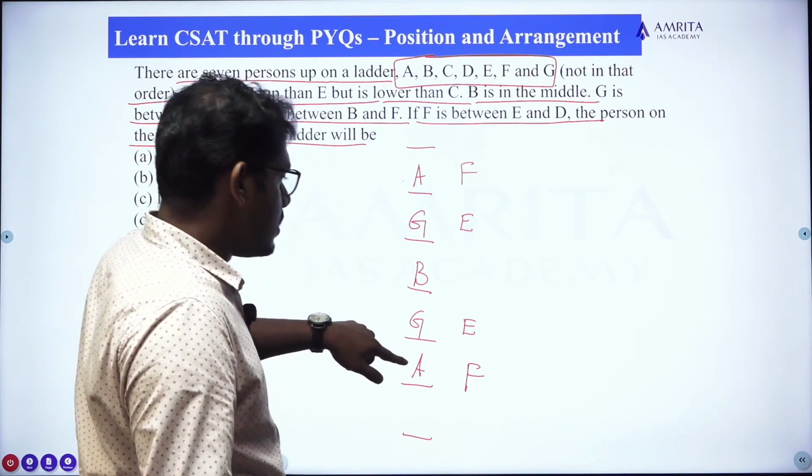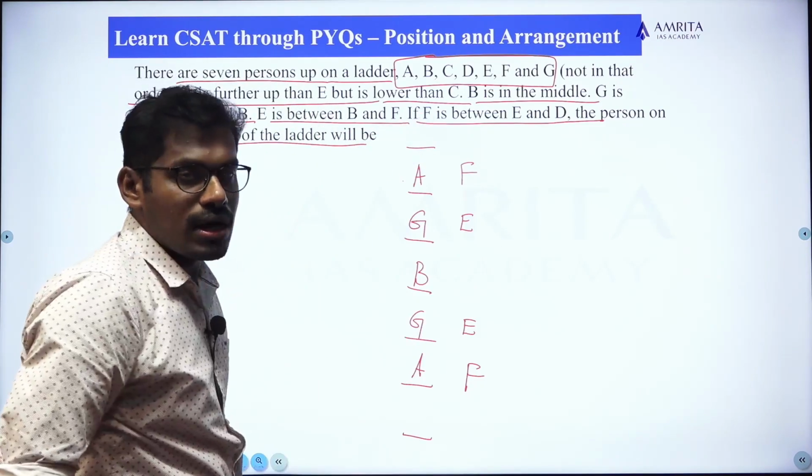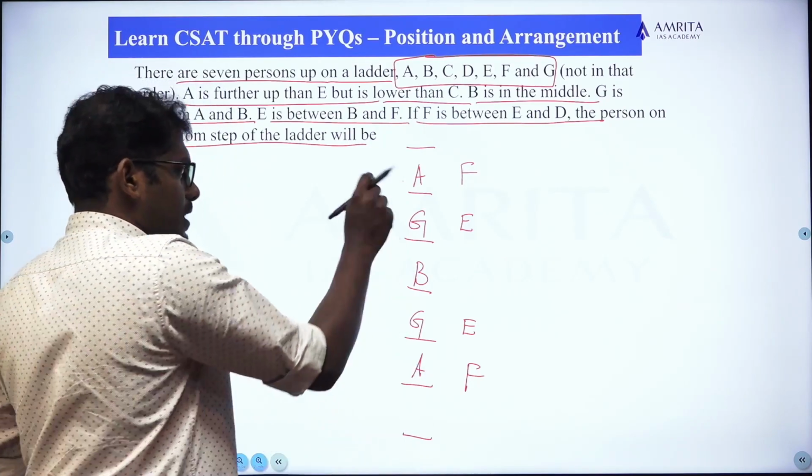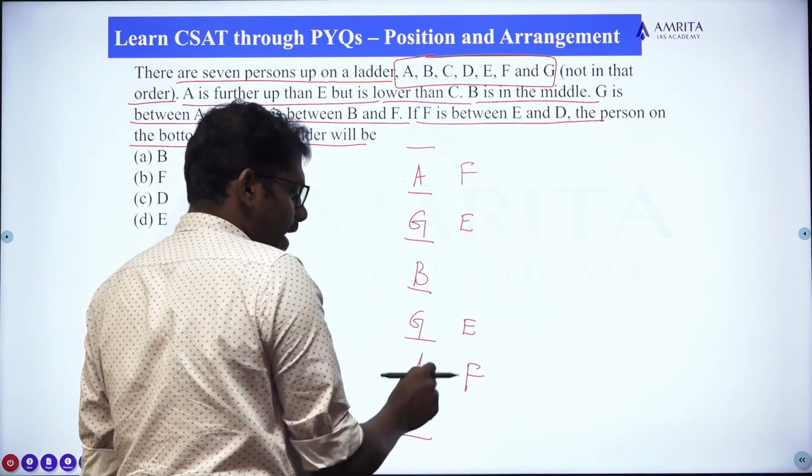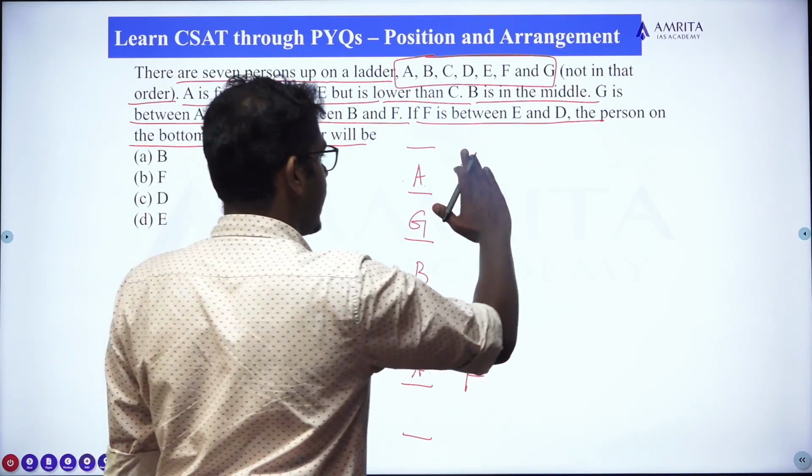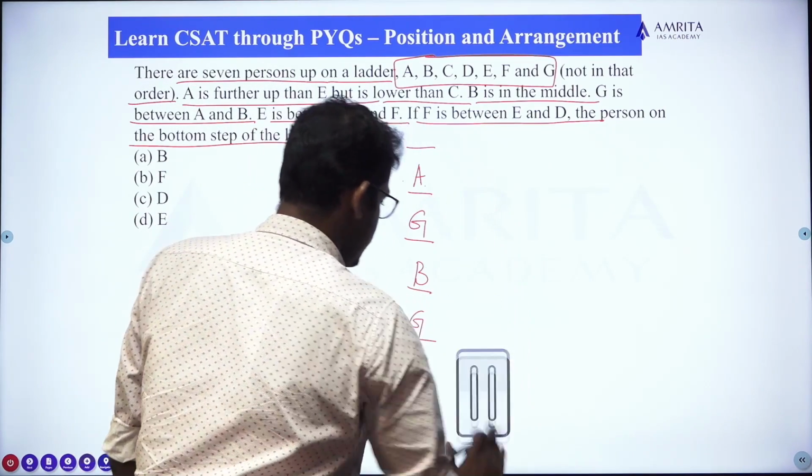If A is here, then E will be above A. So the correct position of A will be this and not this, and the remaining can be ruled out.